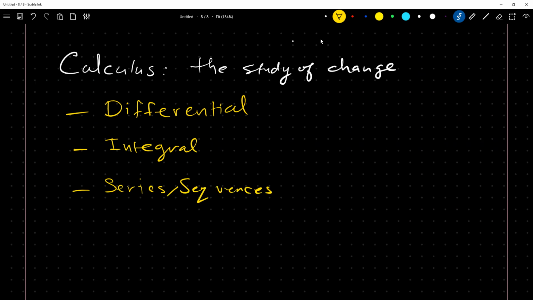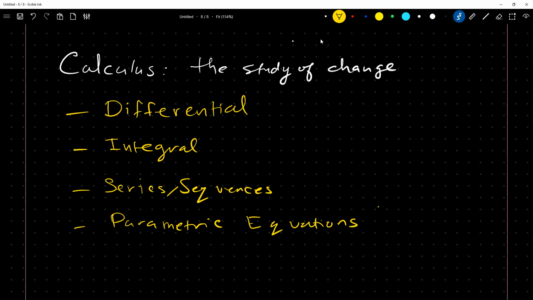And also, we will discuss parametric equations. We're able to apply the concepts of differential and integral calculus onto parametric equations.